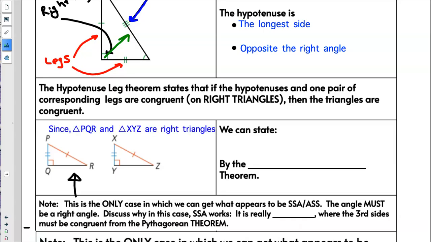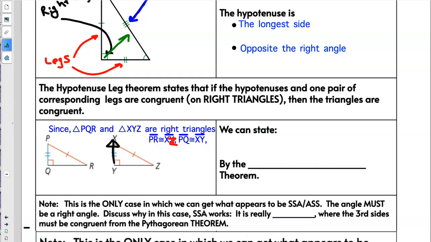Keeping in mind, since triangle PQR and triangle XYZ are right triangles, aka they have right angles, I also have that PR and XZ are hypotenuses that are congruent.